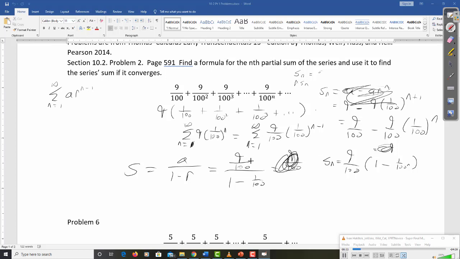Let's see, what's the easiest way to simplify that? Probably multiply top and bottom by 100. It's an old trick from algebra to simplify a complex fraction. That'll get you 9 on the top and 100 minus 1 on the bottom. So that's 9 over 99, which is 1/11th. So that's the sum, and it does converge.